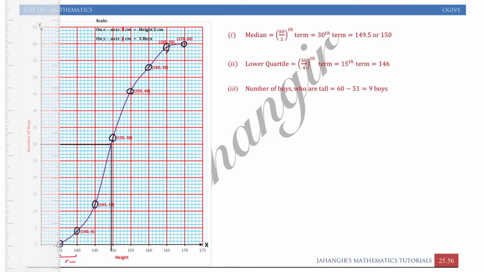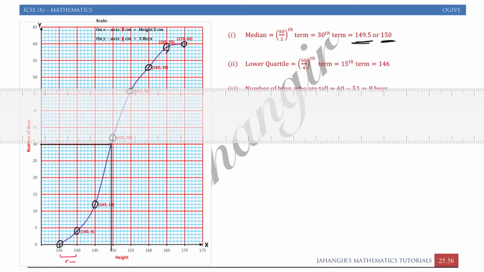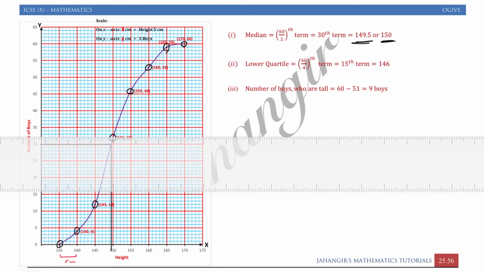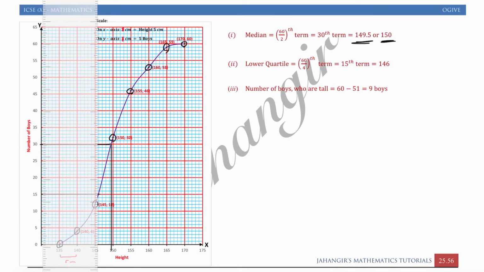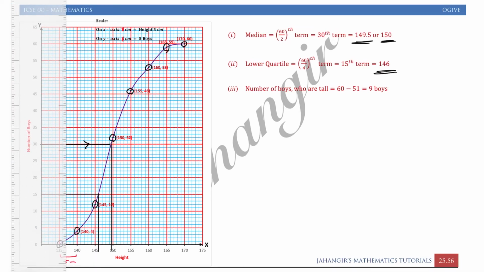So I can write 149.5 or 150, as per your convenience or readings on the graph. Lower quartile is 60 by 4, that is 15th term. That is 146. We will draw arrows.